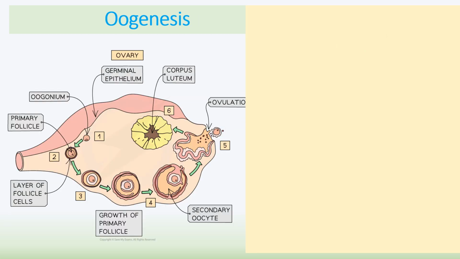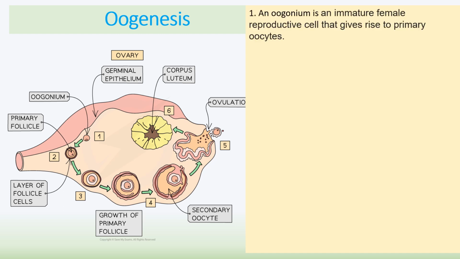Now, oogenesis is also obviously critical, and this is in females, the production of eggs in the ovaries. So how does this happen then? Well, if we start off, we have something called an oogonium, which we have in this picture here. And the oogonium is an immature female reproductive cell that gives rise to the primary oocytes.